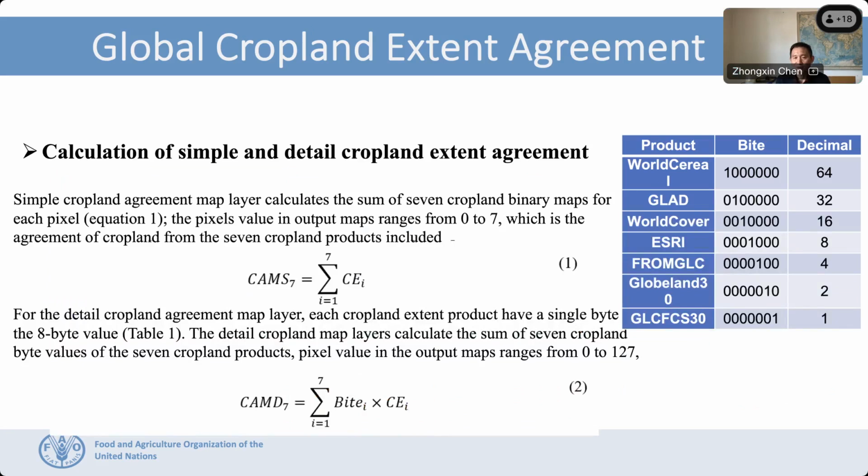We use two methods. The first is we calculate the map layers where, for the same pixel, it is cropland and where it is not. And the second one, we composite these 7 cropland layers into one 8-bit grid dataset. So for each pixel we have a value from 0 to 127.